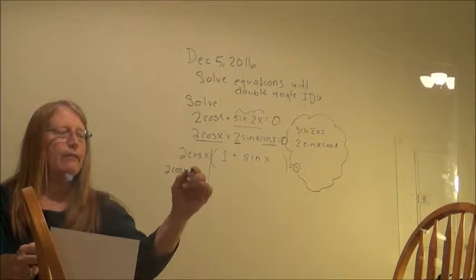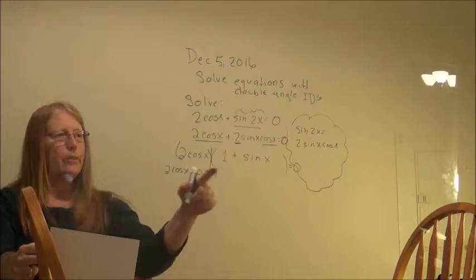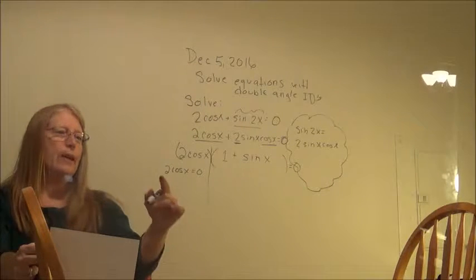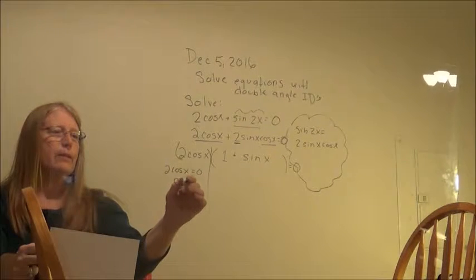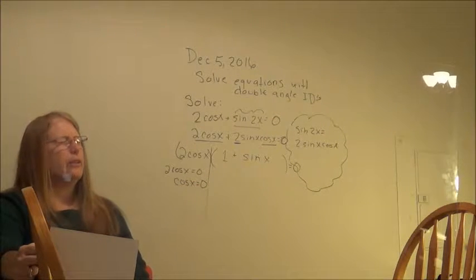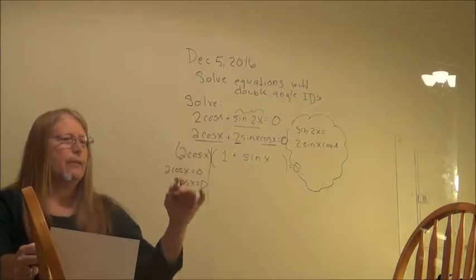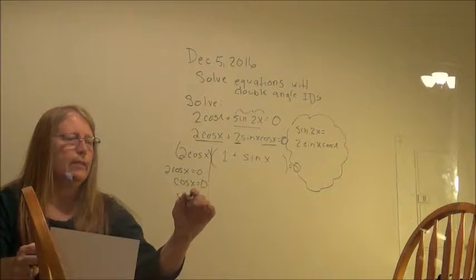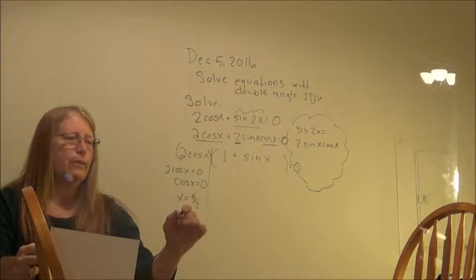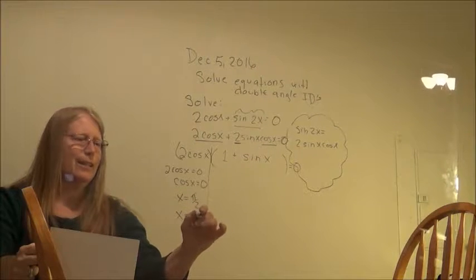Because when you have 2 factors equal to 0, either one equals 0, the other, or both. So when I divide both sides by 2, cosine x equals 0 on this branch, and on my unit circle, the cosine is the first coordinate, so that happens at pi over 2, and also at 3 pi over 2, sorry.